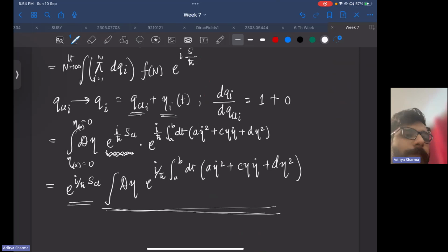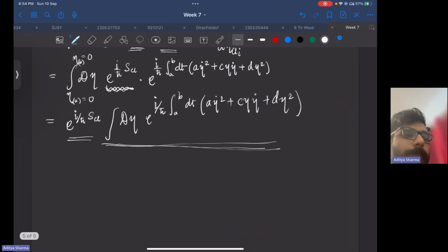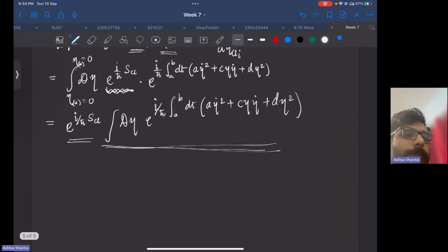Now, one more great thing about what we have just shown is that it helps us later in our calculations: to calculate this normalization, we can just use path integrals again.